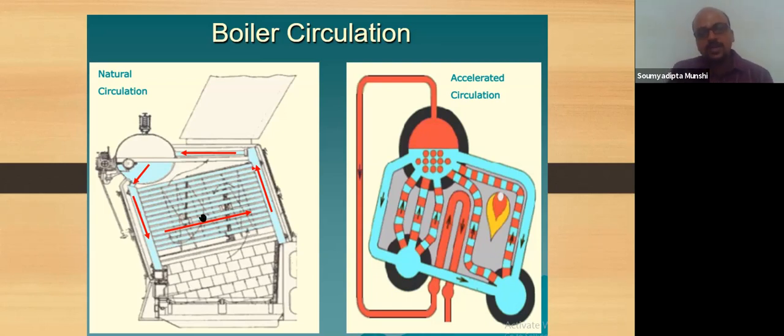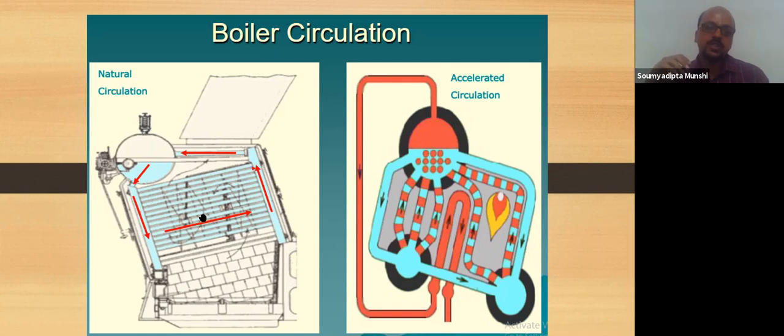In the water wall tube, a part of the water is first converted to steam. As this is a water tube boiler, the hot gases surround the tubes and the water flows through the tubes.